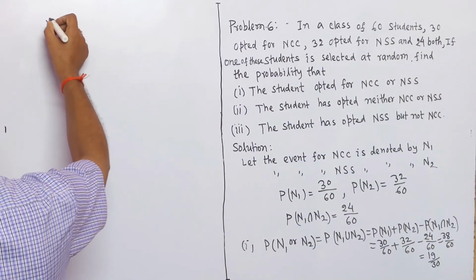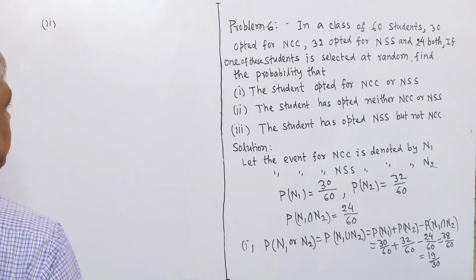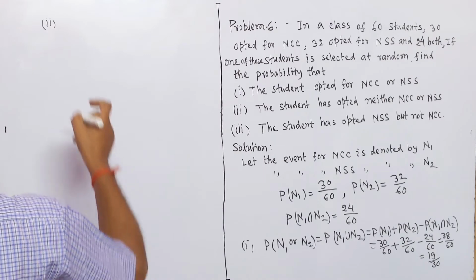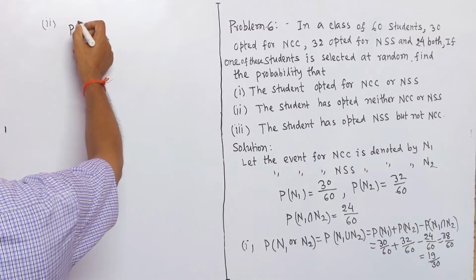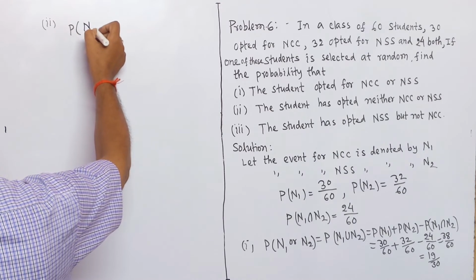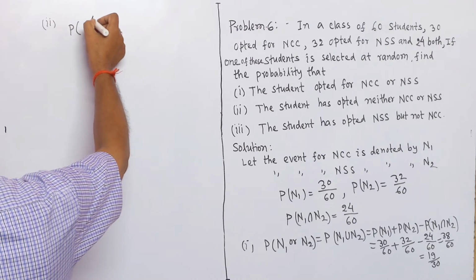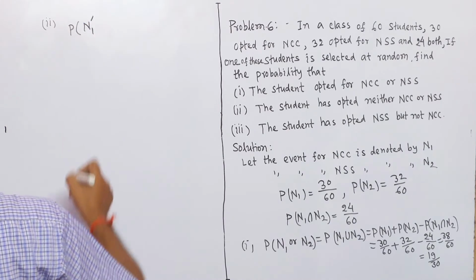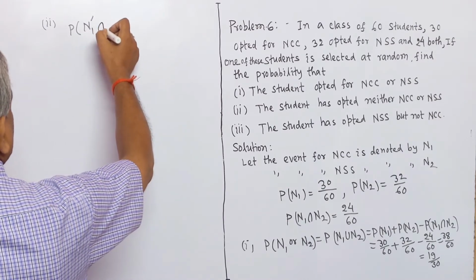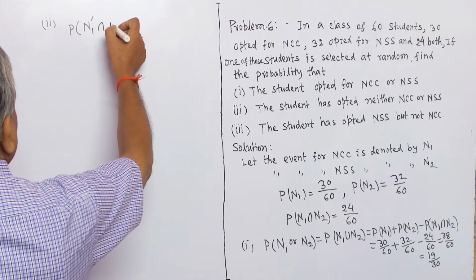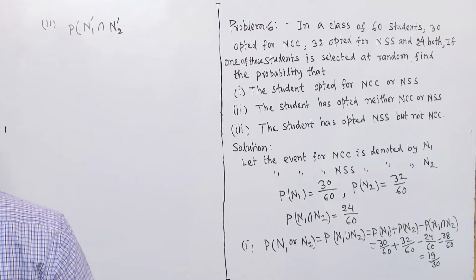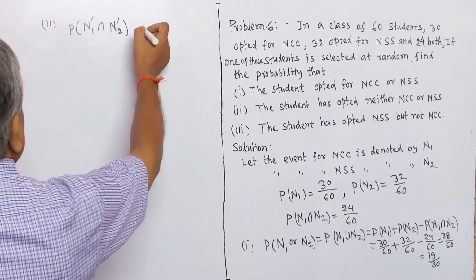Number 2, the student has opted neither NCC nor NSS, meaning the probability of not NCC, N1 prime, and not NSS, N2 prime, intersection.